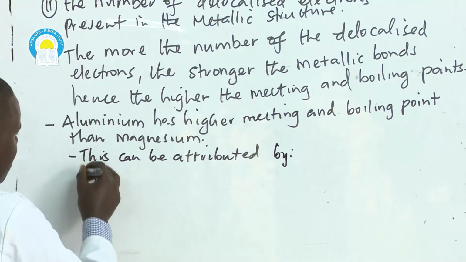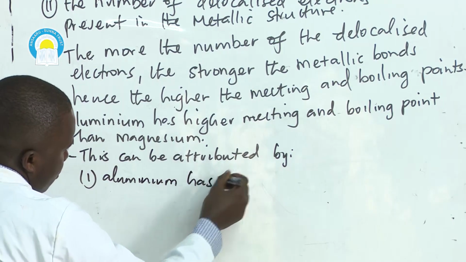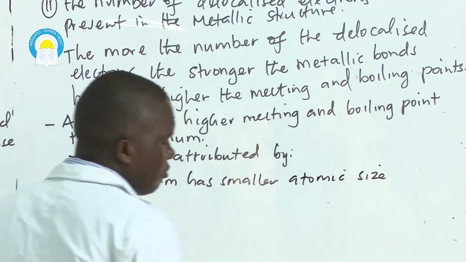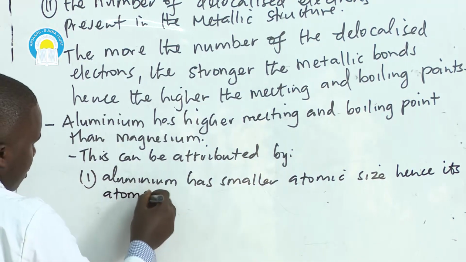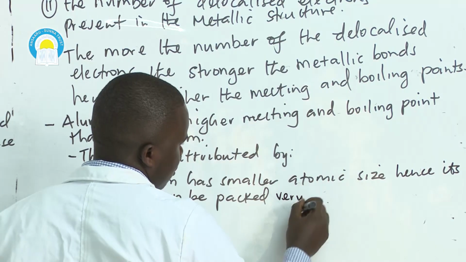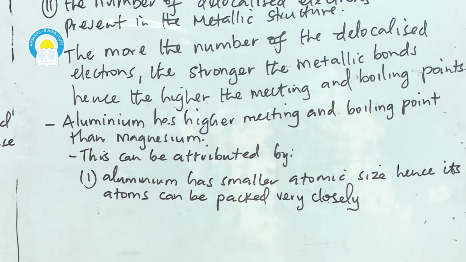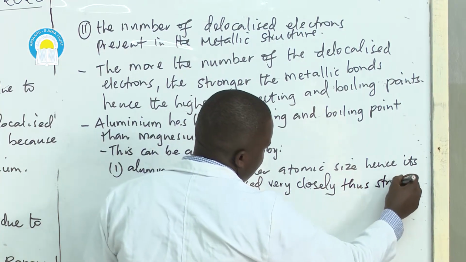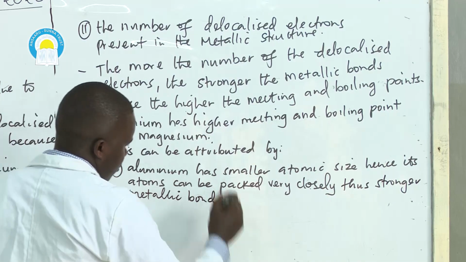to, one, aluminum has smaller atomic size, hence its atoms can be packed very closely, thus stronger metallic bonds.